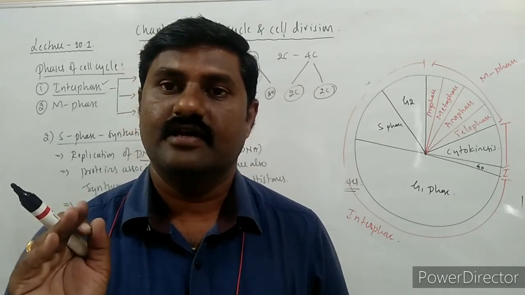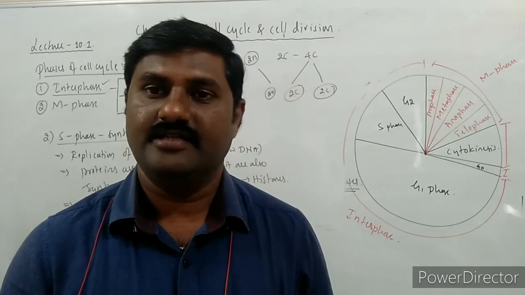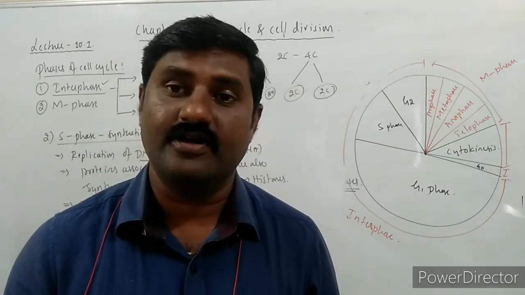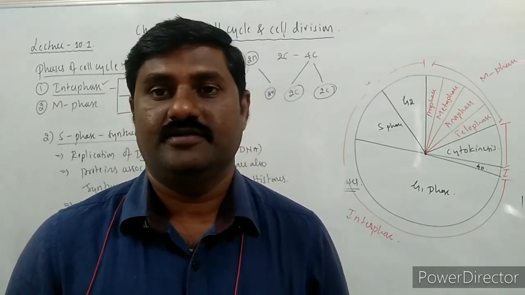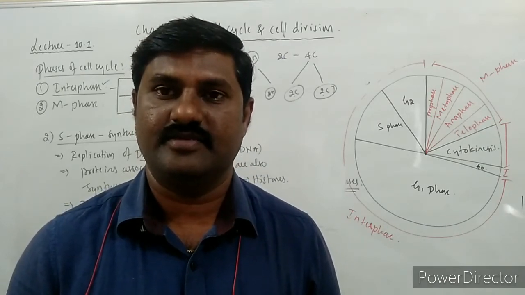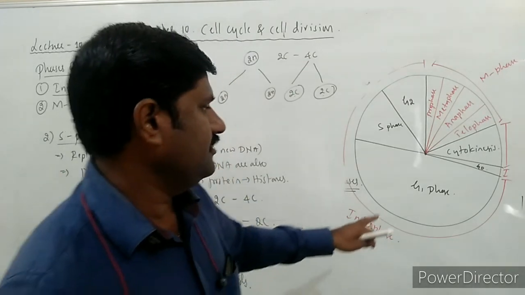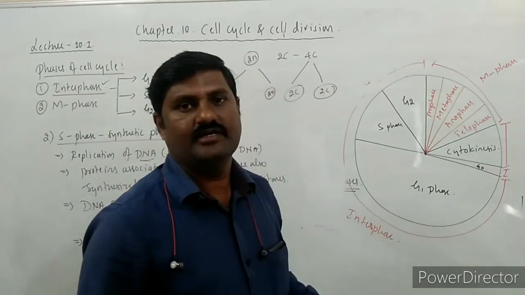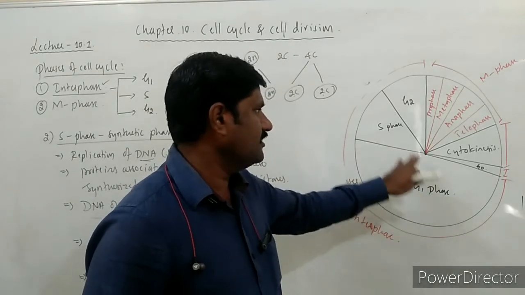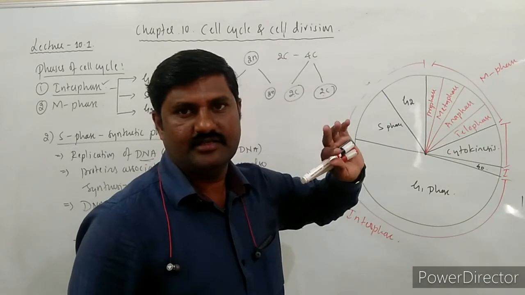So this is lasting for about 8 to 9 hours, and the G1 phase is lasting for about 10 to 12 hours sometimes. It means the maximum time is taken by the G1 phase you are seeing over here. So maximum 10 to 12 hours, then 8 to 9 hours, and then 2 to 5 hours for the G2 phase.